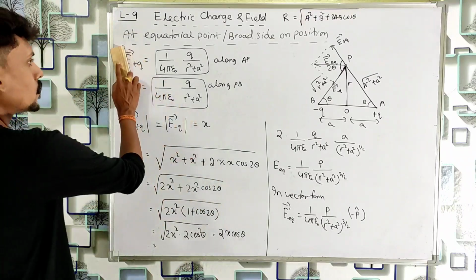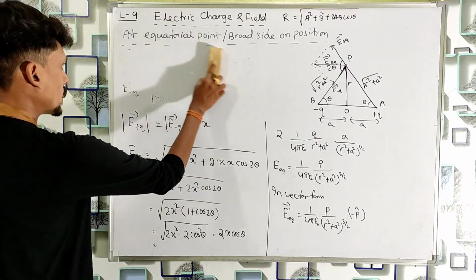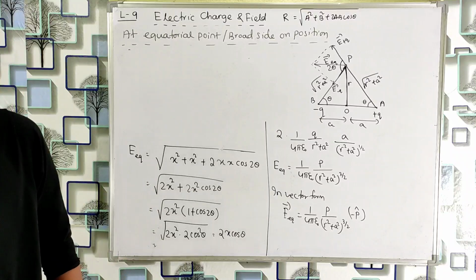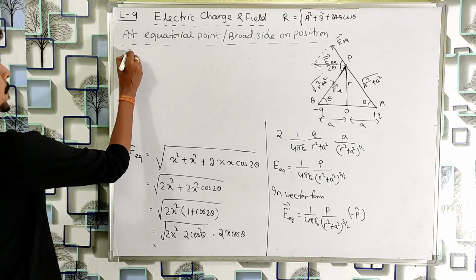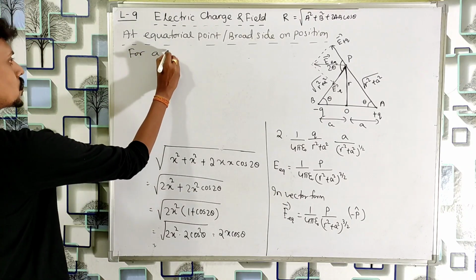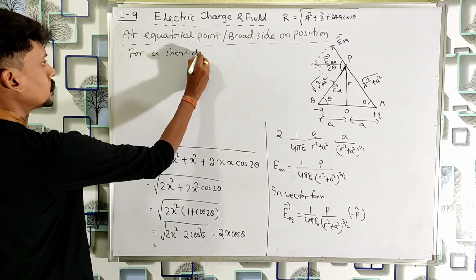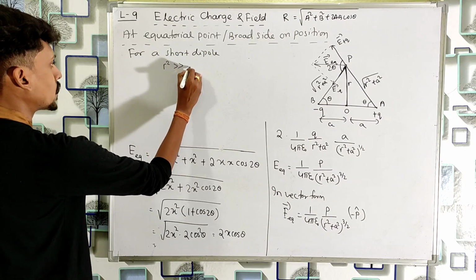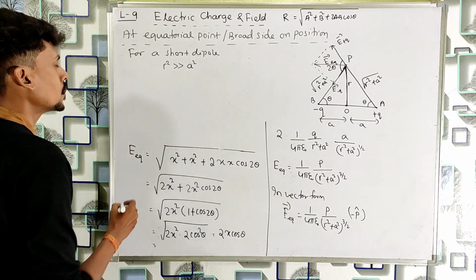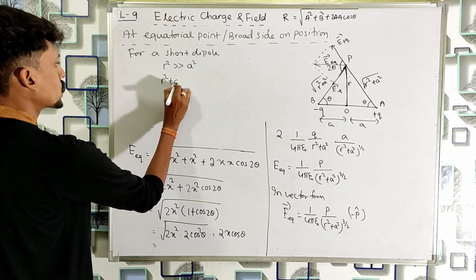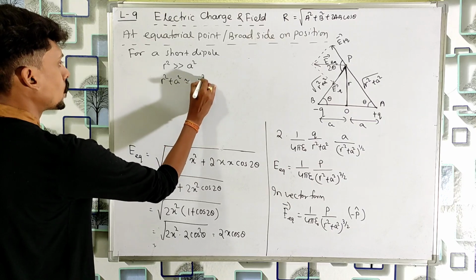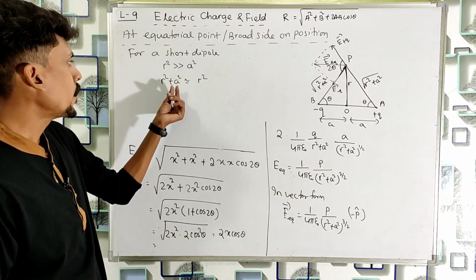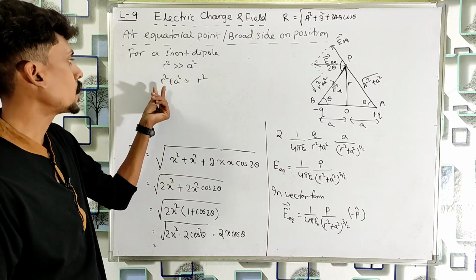Again, we will discuss a special case, for a short dipole. For a short dipole, r square is much larger than a square. So r square plus a square is approximately equal to r square, because we are adding a very small quantity to a very large quantity.